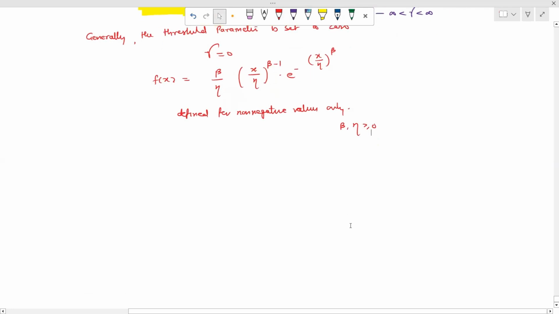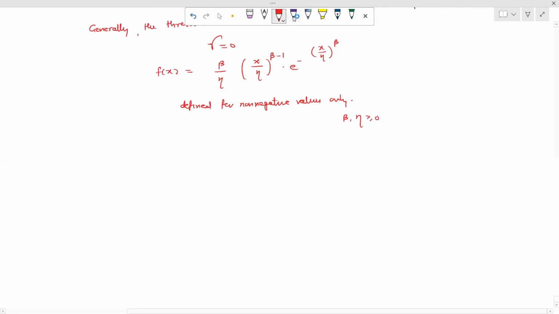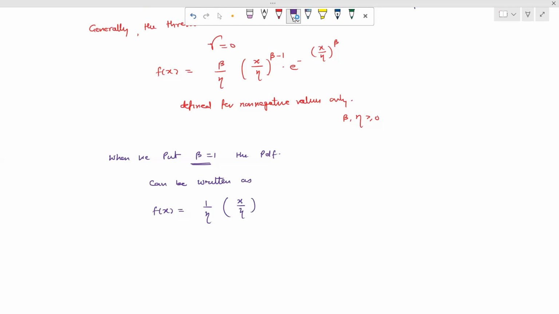Now, when we put beta equal to 1, the probability density function of the Weibull distribution can be written as f(x) = (1/eta) (x/eta)^(1 - 1) e^(-(x/eta)^1).